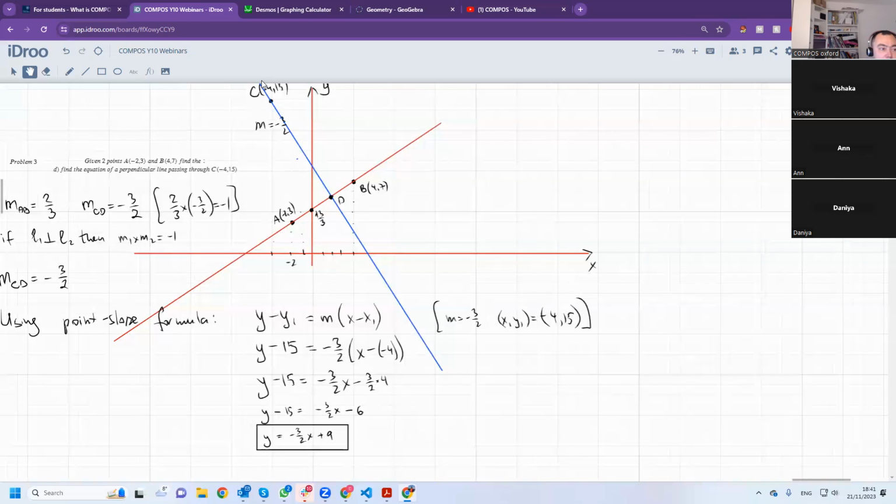Of course, you can always substitute. Yeah, substitution always works. I think this method is probably quicker. Maybe not. So this is y equals 2/3 x plus 13/3. And this is y equals minus 3/2 x plus 9.